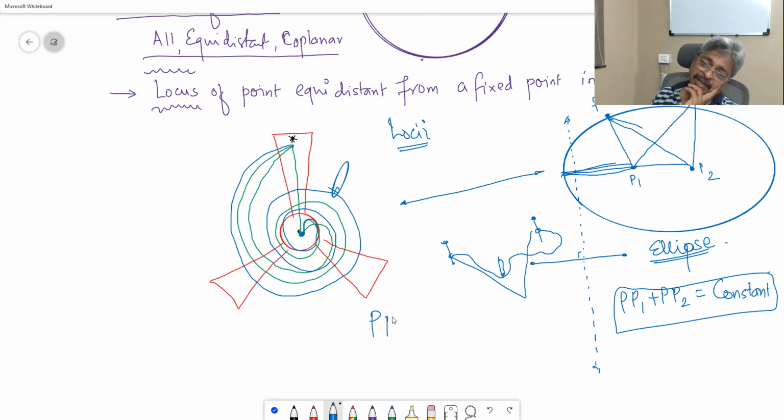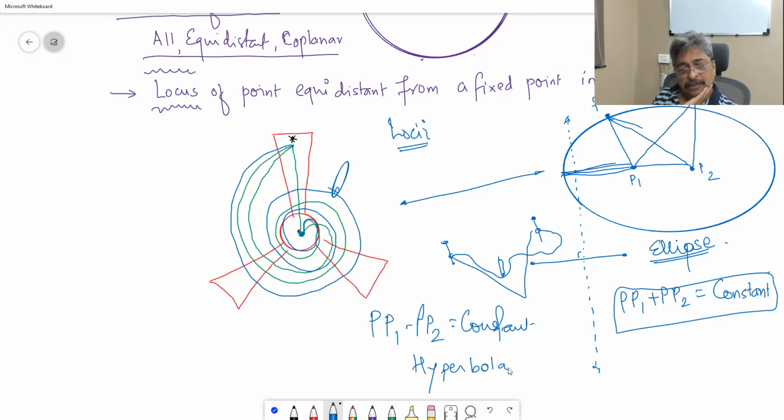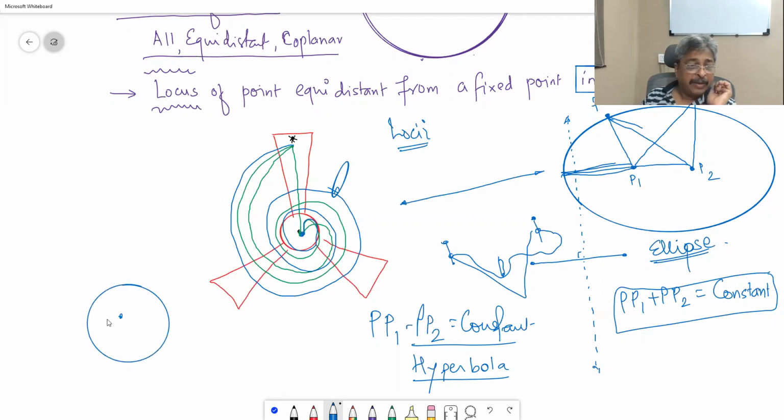If PP1 minus PP2 is constant, it's a hyperbola. It's a locus, hyperbola. Maybe you can say the locus of a point equidistant from a fixed point, and if we don't say in a given plane, then it is a sphere.